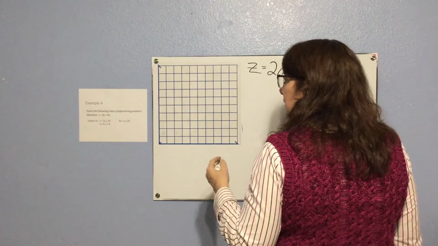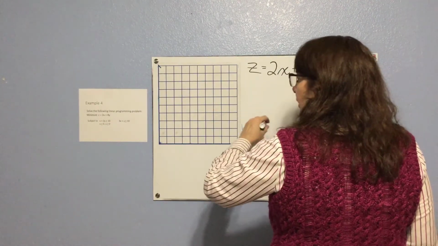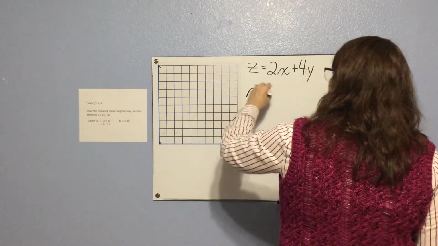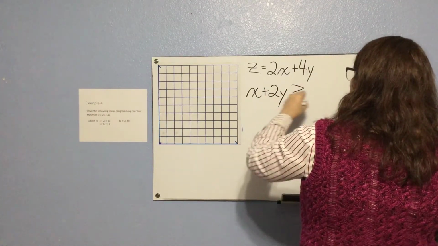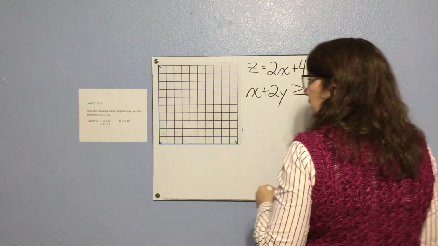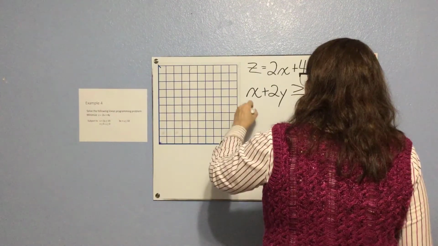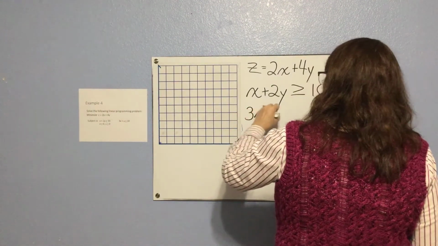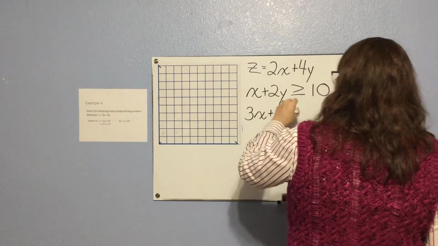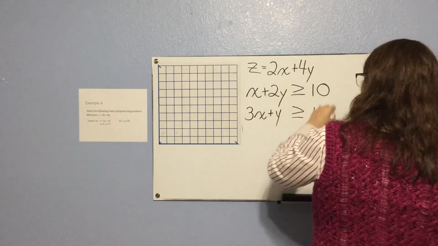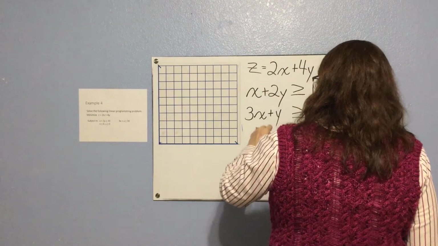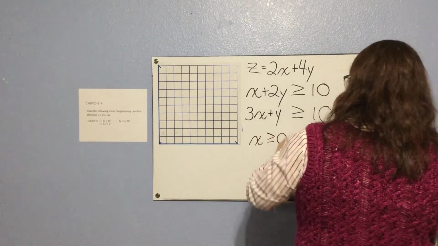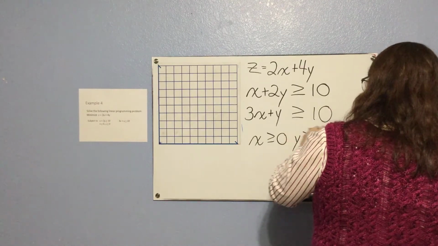And my constraints are x plus 2y greater than or equal to 10, 3x plus y greater than or equal to 10. And then x greater than or equal to 0 and y greater than or equal to 0.